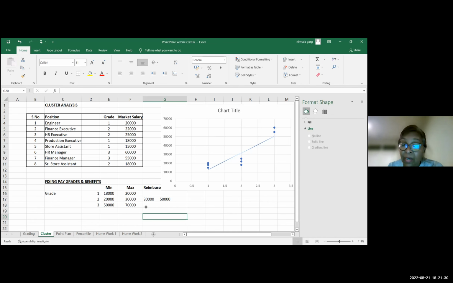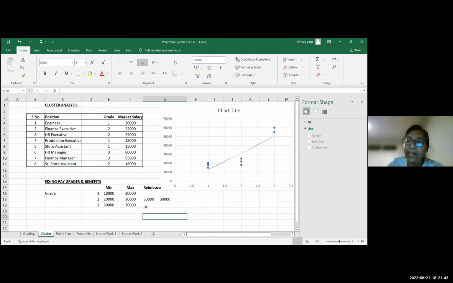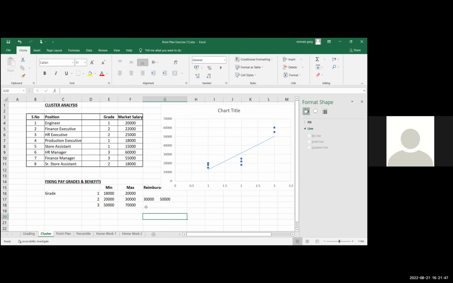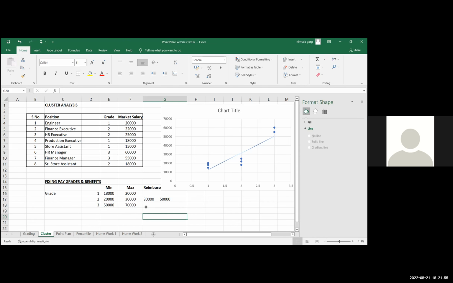At top level, the width, that is the min and max, is almost 50 to 60%, because the tenure is longer. That is the typical standard: 10 to 15%, 25 to 35%, and 50 to 60%, for lower, middle, and top.